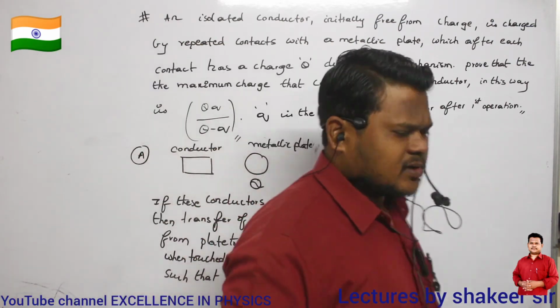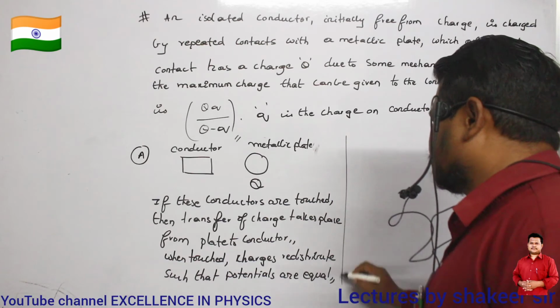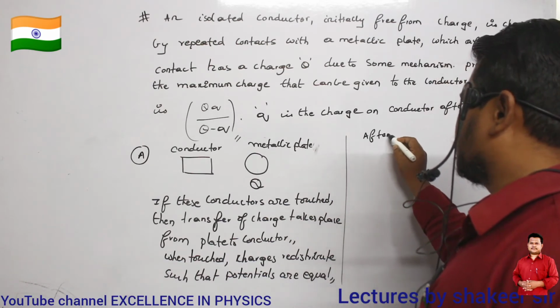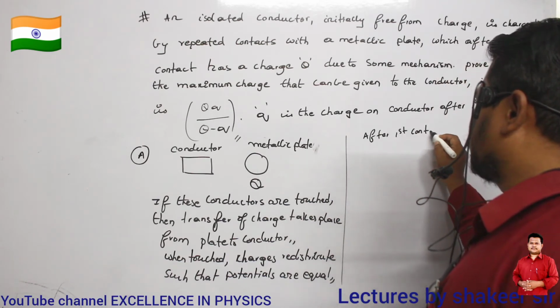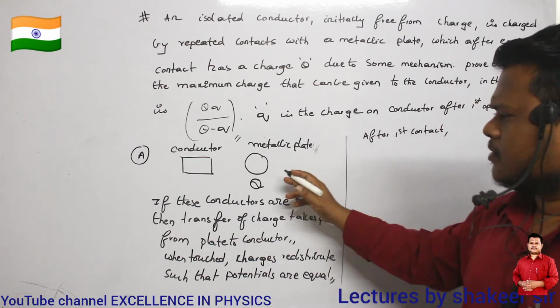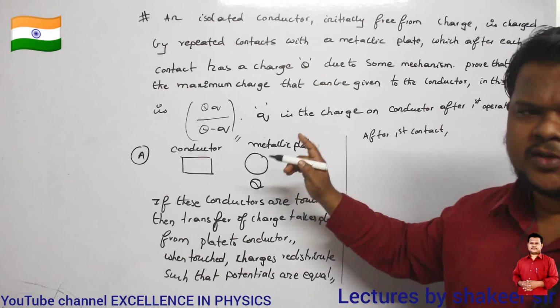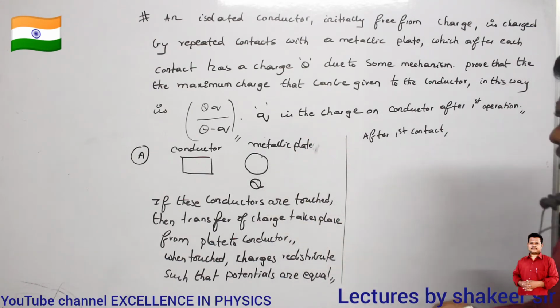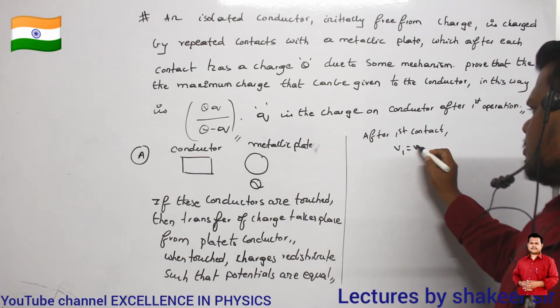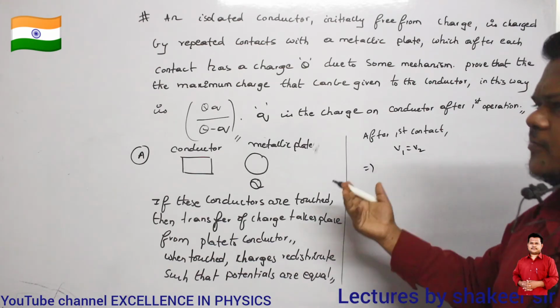So after the first contact, this one is gaining Q amount of charge. It means the plate will lose Q amount of charge. But potentials are equal, so we write V1 equals V2. What is the equation for potential of any body?